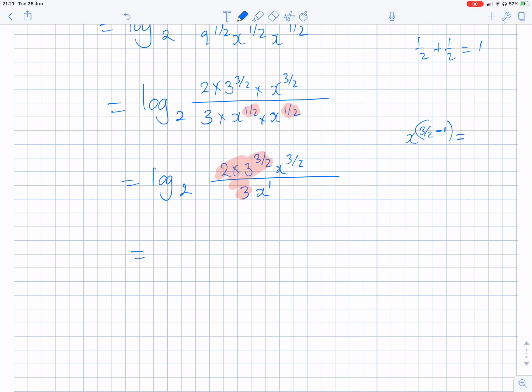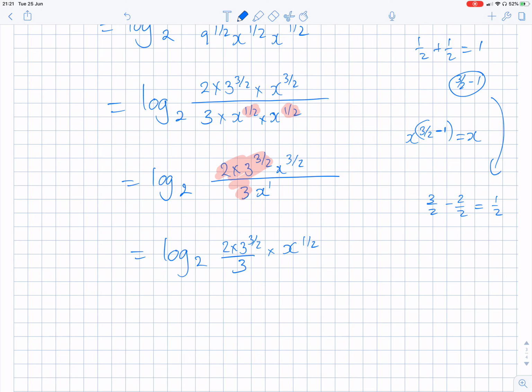So if you subtract them, this becomes x, 3 over 2, take away 1, is the same as 3 over 2, take away 2 over 2, which is 1 over 2, which is to the power half. So this becomes log to base 2. Okay, let's put this as one fraction, and this is just 2 times 3 to the power 3 over 2 divided by 3 times x to the power half.